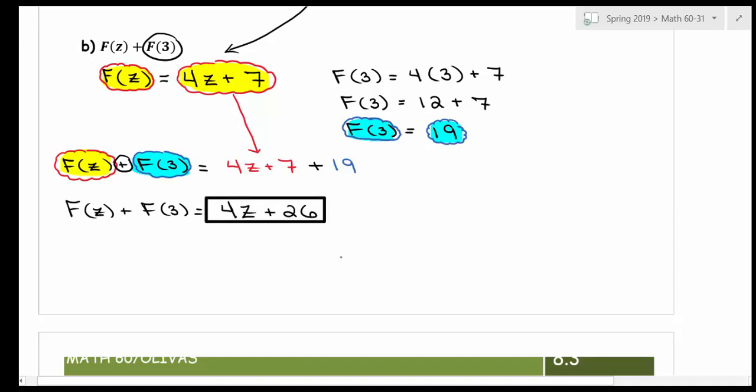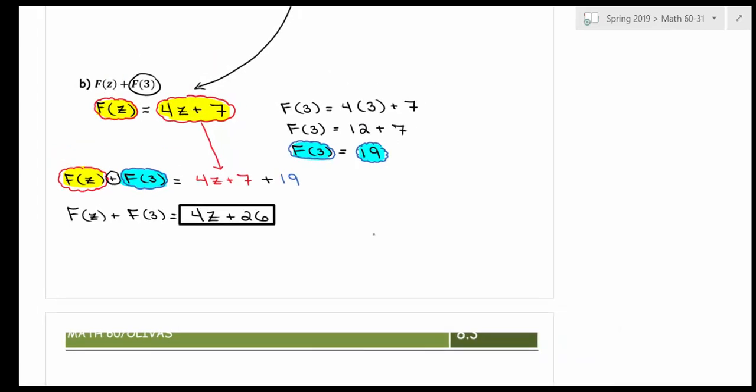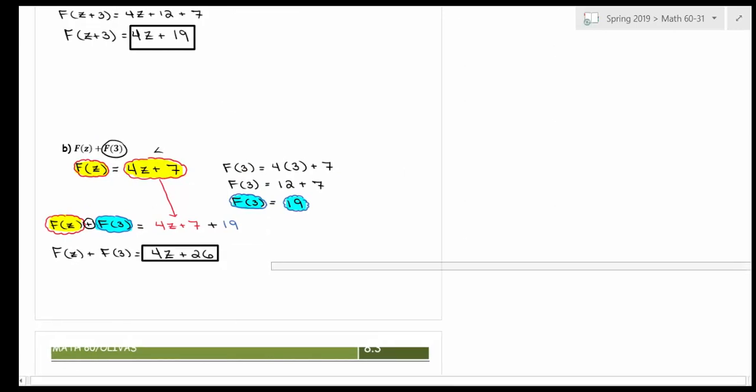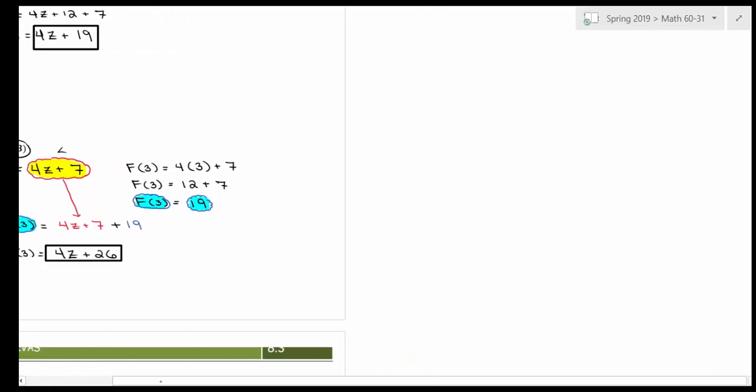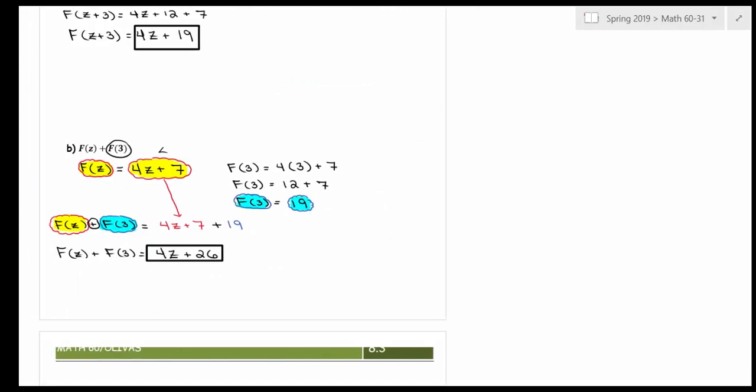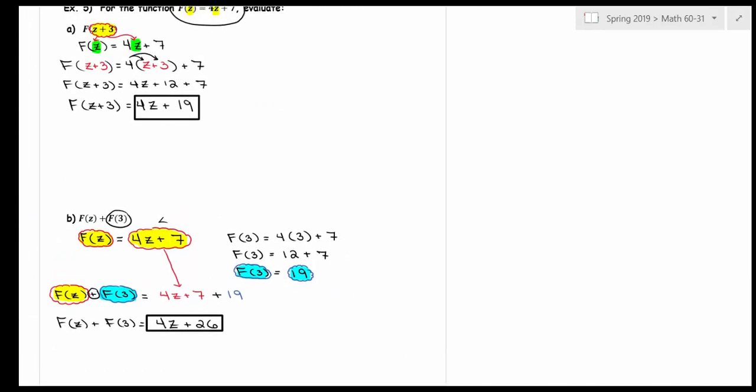And if you notice, this answer is not the same as our previous answer for the last problem that we did. So if we compare the two, I can see that these two answers are different.